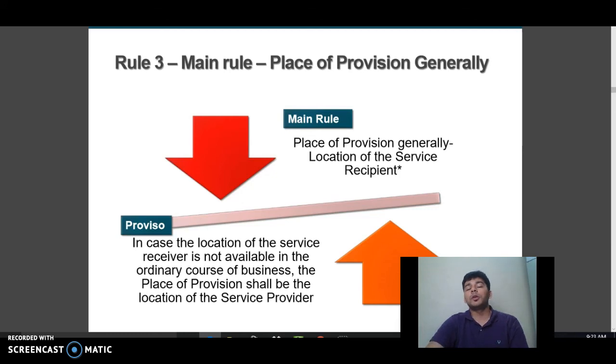So please remember, what does Rule 3 say? That in usual circumstances, the place of provision of services will be considered as the location of recipient of service. Now the location of recipient of service might be his office, registered office, or his address of communication; either of them will be considered as location, and if that place is in the taxable territory, service tax will be applicable.